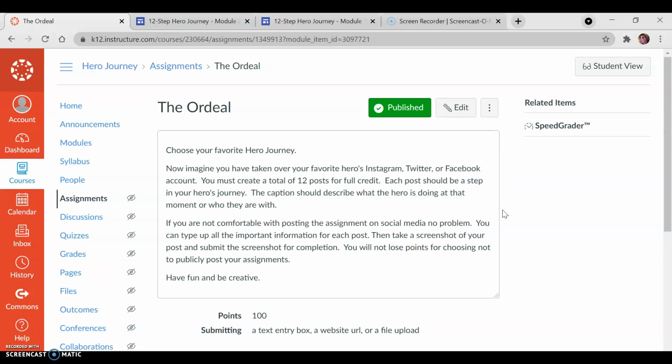Basically they post from each step along the hero's journey what that hero is doing at that time, getting points for correct spelling and grammar, as well as points for creativity.